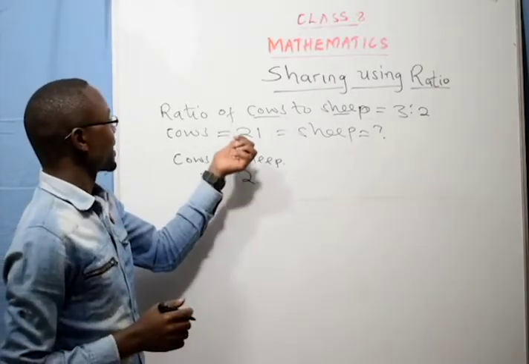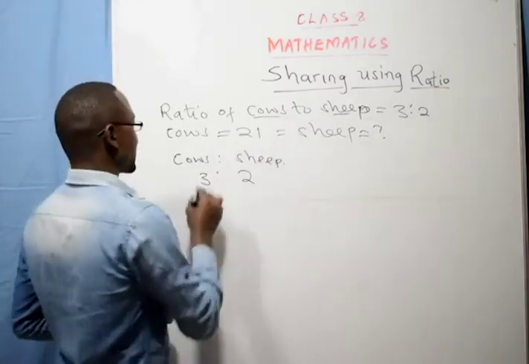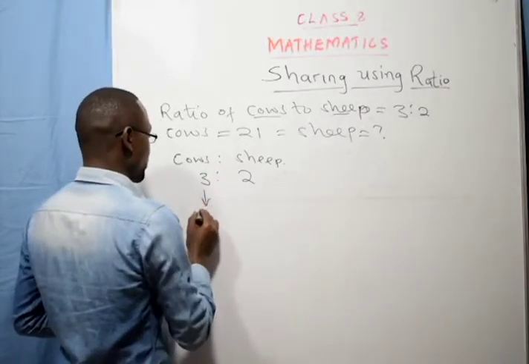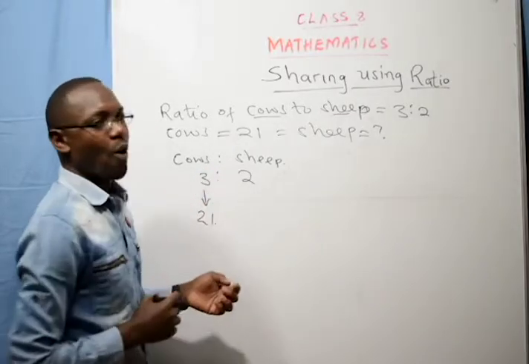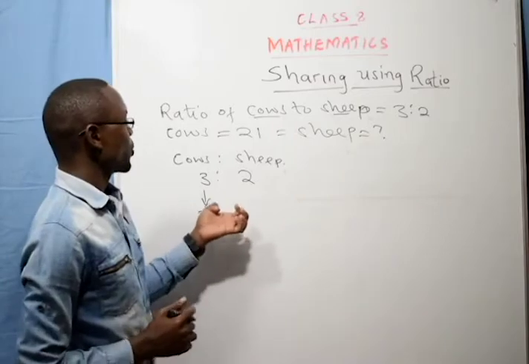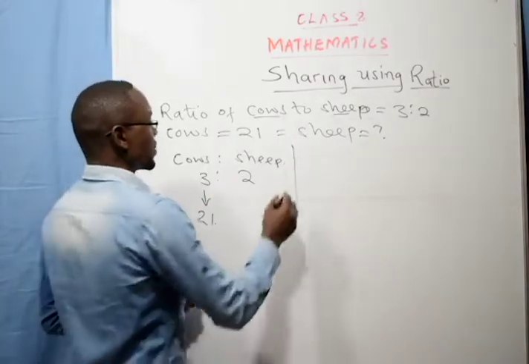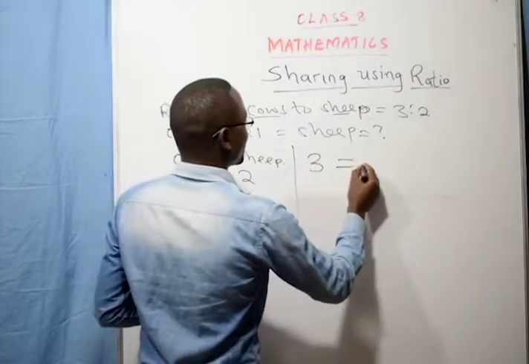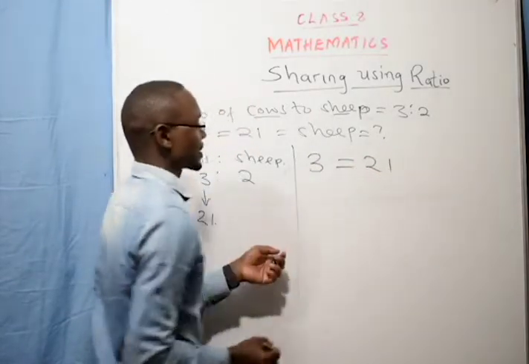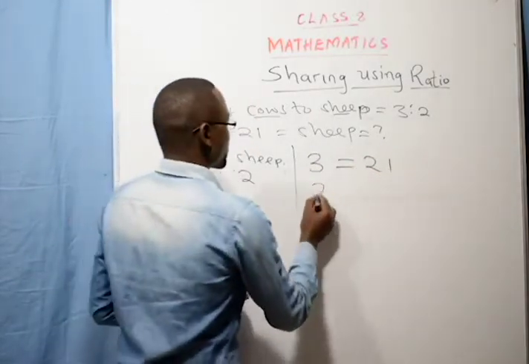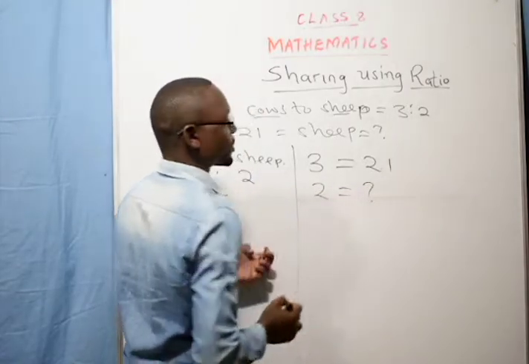Then we are told the number of cows in this farm is 21. So 3 will represent 21. There are 2 various ways of working out this question. You can ask yourself, if 3 represents 21 animals, what will 2 represent?